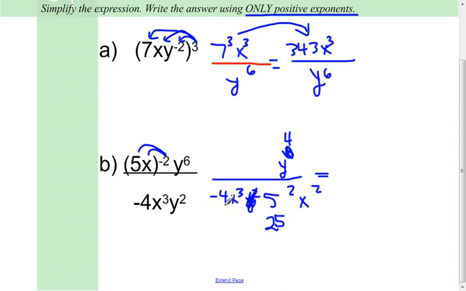So I can take a 25 from here and a negative 4 from there and multiply to get negative 100 down below. And then if I combine my x's, x to the third and x to the second gives me x to the fifth over y to the fourth.